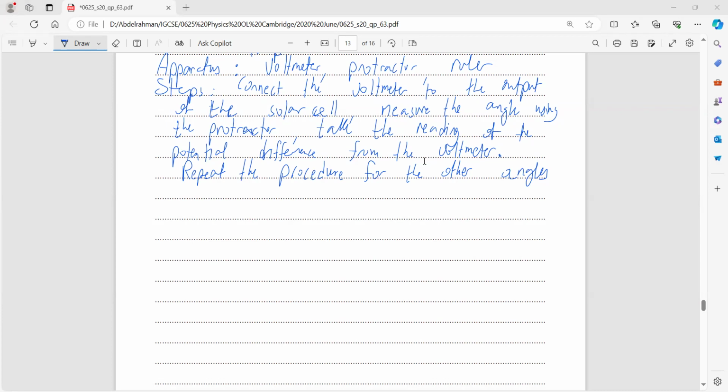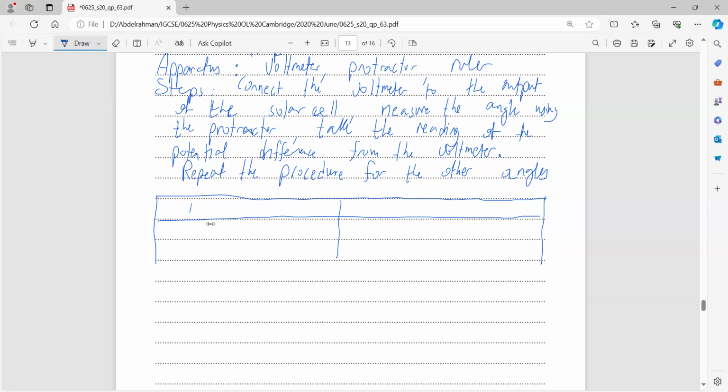Then what should I do? I have to draw the table. Again, it would be a very simple table, not much to write down. I can put only two columns.